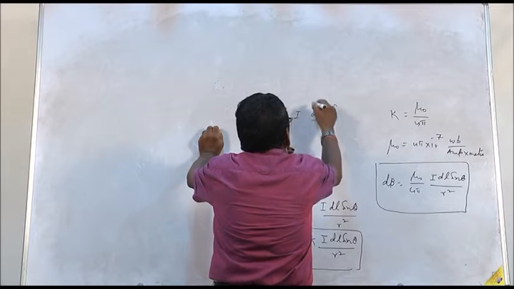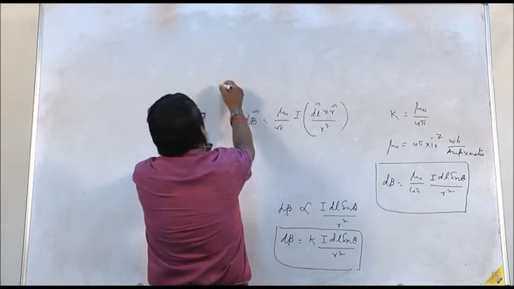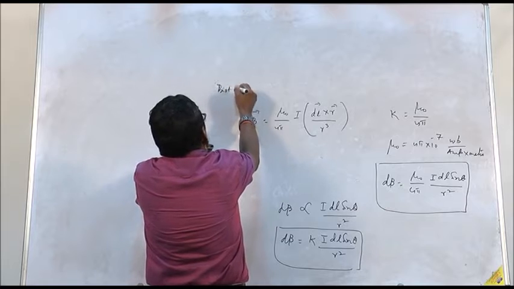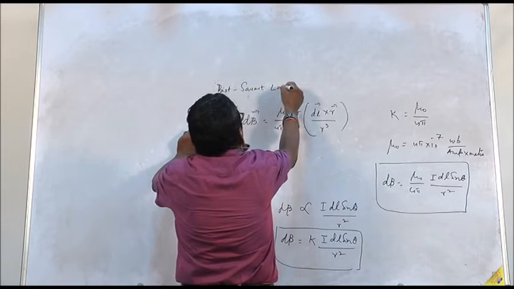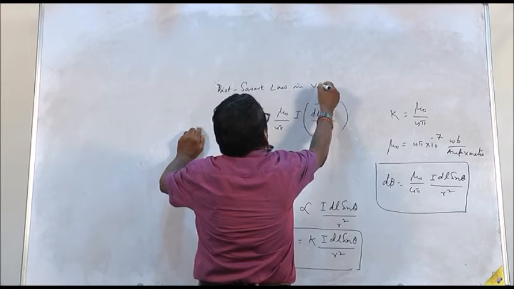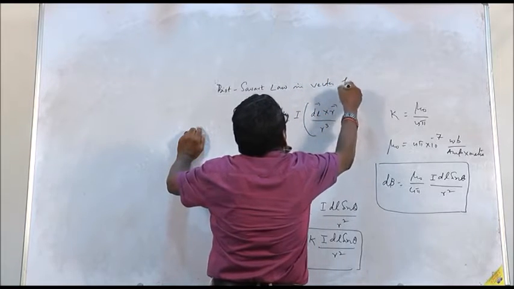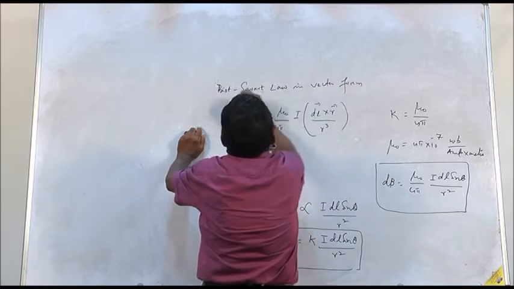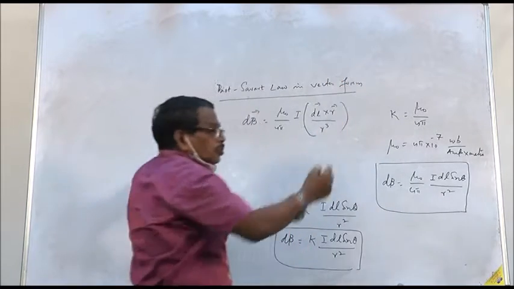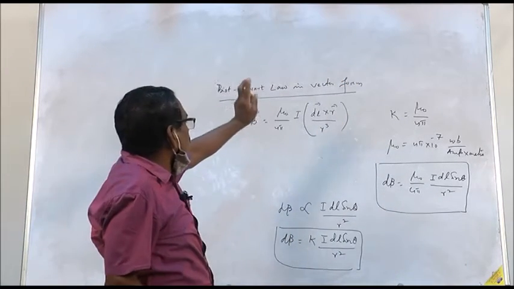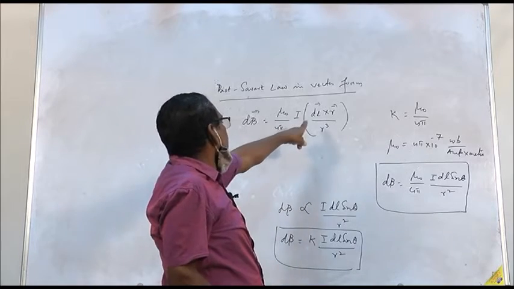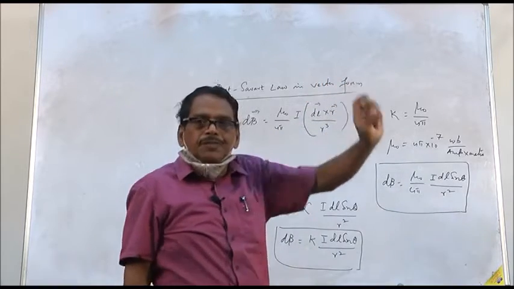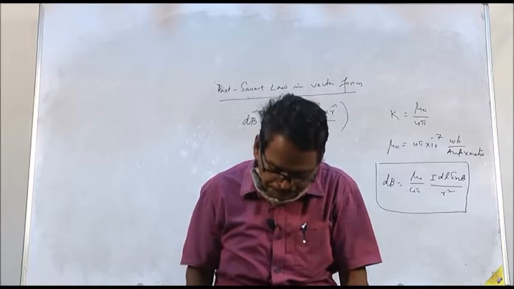R cube. This is Biot-Savart law in vector form. In the examination, they may ask you a short question, write Biot-Savart law in vector form. You write like this: dB is equal to mu 0 by 4 pi I dl cross R by R cube. This is Biot-Savart law in vector form.